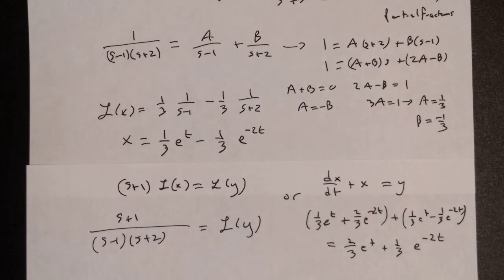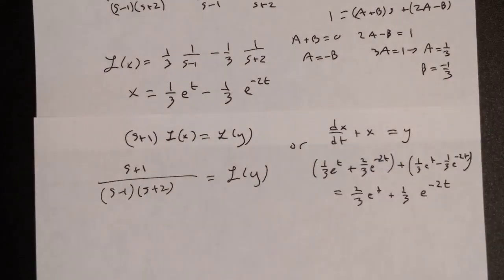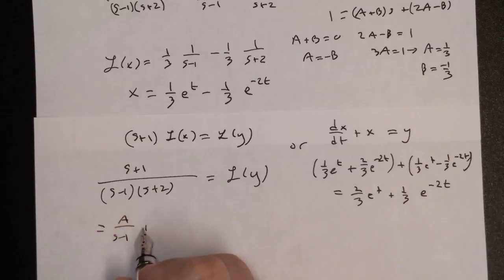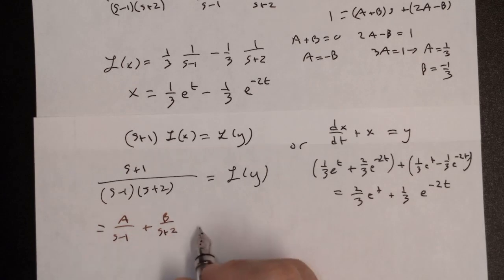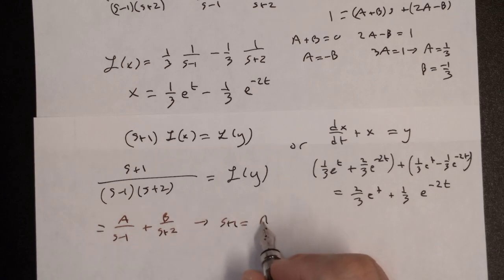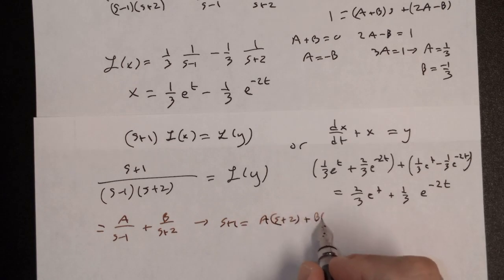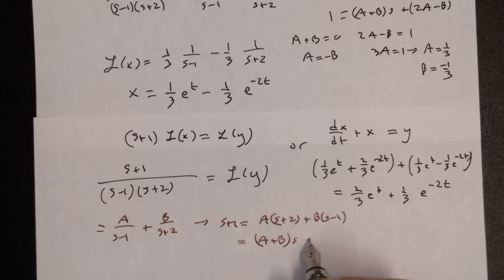Or I can do the Laplace transform piece, right? Because here, I'd break this up the same way I did up there. I'd write this as A over S minus 1 plus B over S plus 2, which gives me S plus 1 equals A(S plus 2) plus B(S minus 1), which gives me (A plus B)S plus 2A minus B. So this time I have A plus B equals 1 and 2A minus B equals 1 as well.